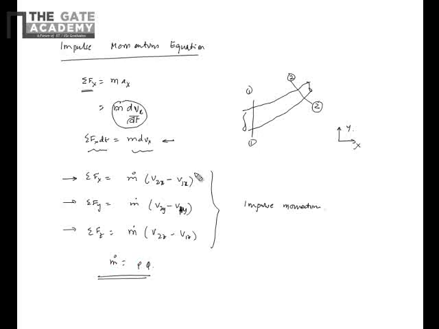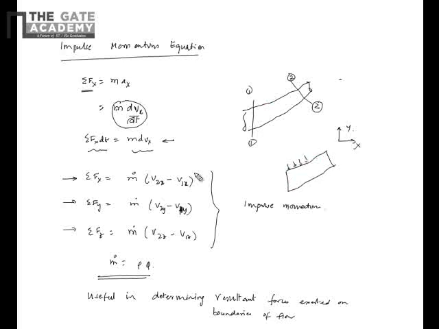So these equations are basically useful in determining the resultant force that is acting on the pipe, the resultant forces exerted on the boundaries of the flow. So what you have to do is take this fluid, and let's say this fluid is something like this.